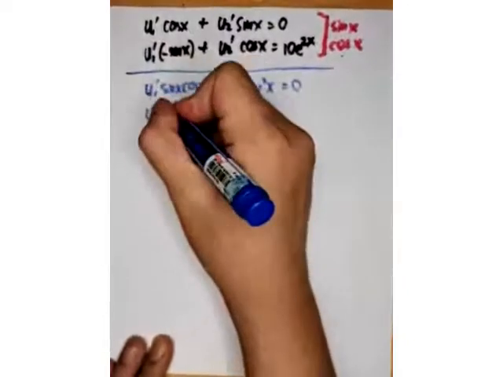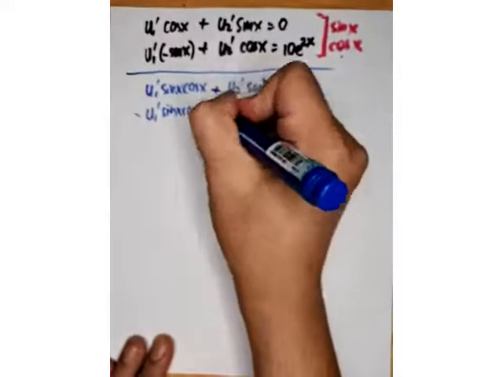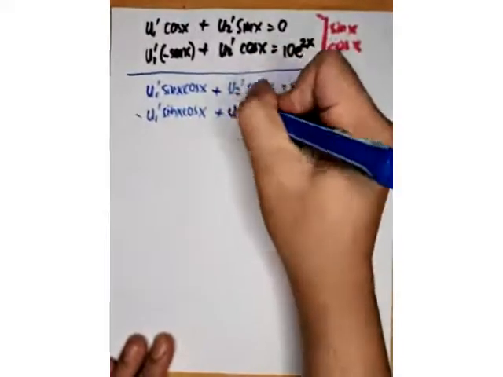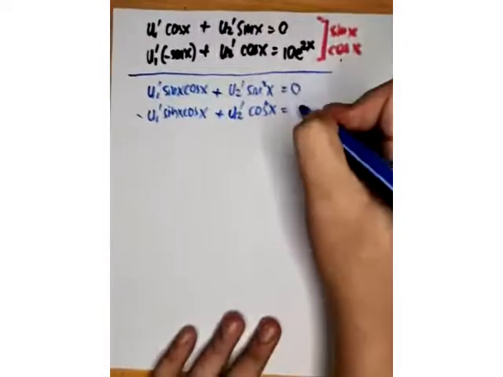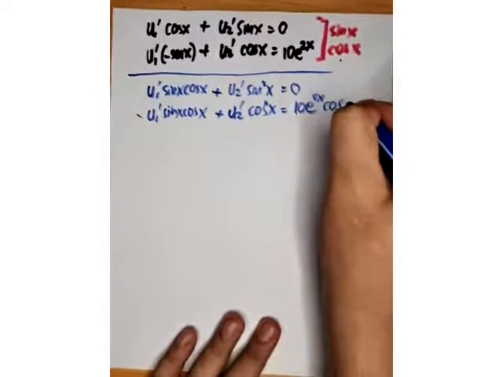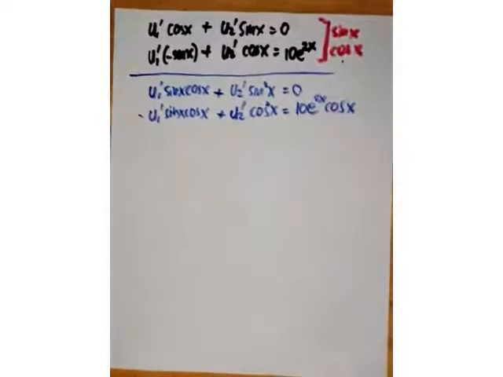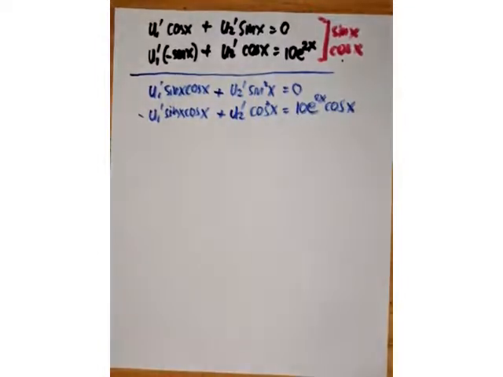So u1 prime negative sine x cosine x plus u2 prime cosine squared x is equal to 10 e raised to 2x cosine x. Parang hindi maganda yata ang variation of parameters, because how will I integrate that?